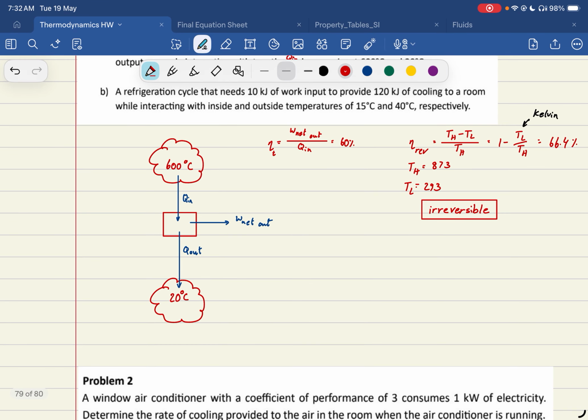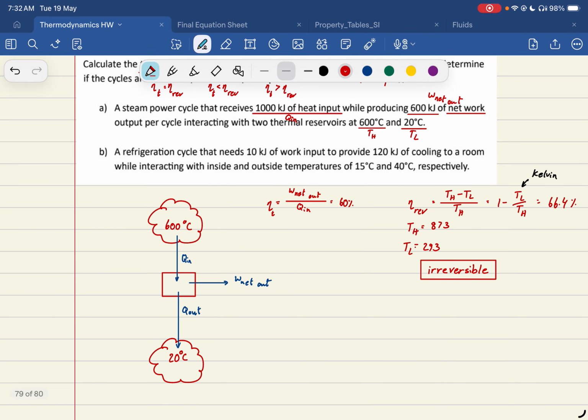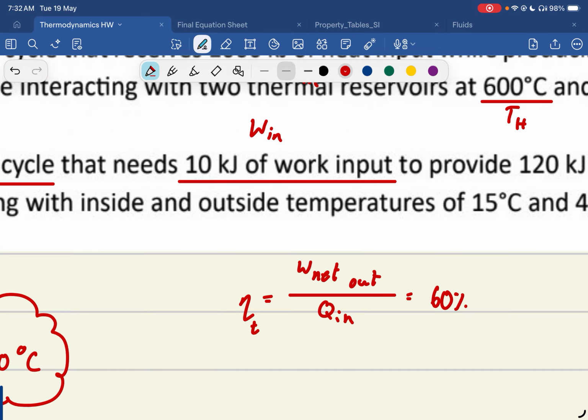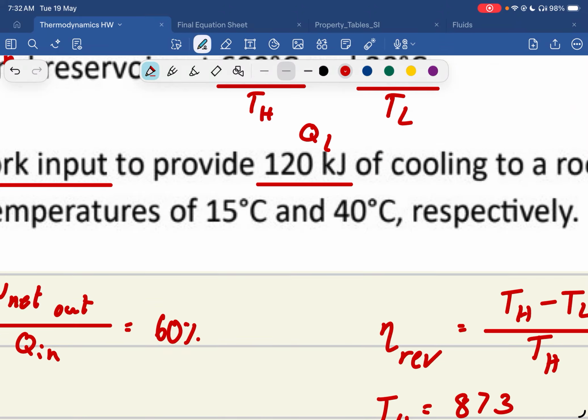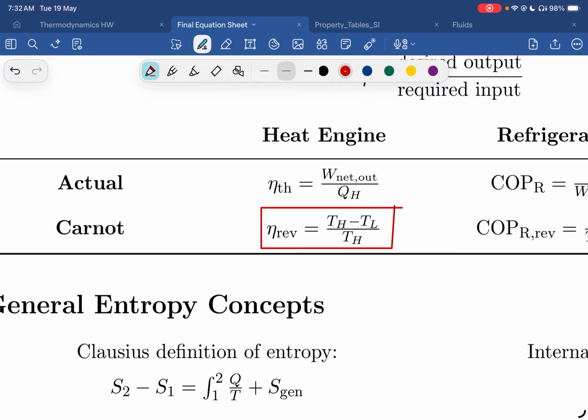Now for part two, we have a refrigeration cycle with 10 kilojoules of work in, and it provides 120 of cooling in the room. So this is QL, right? Yes.